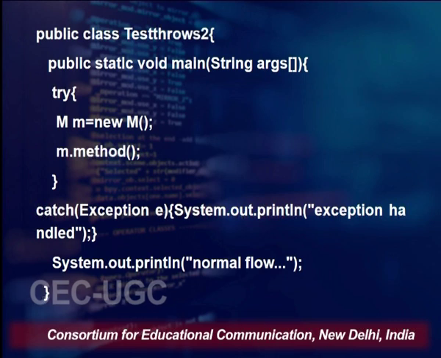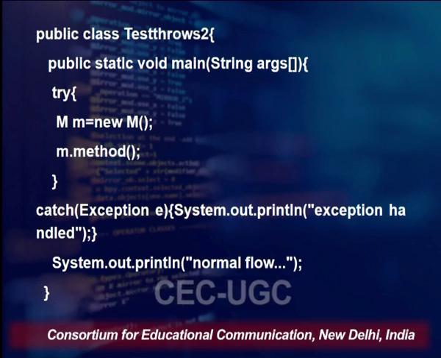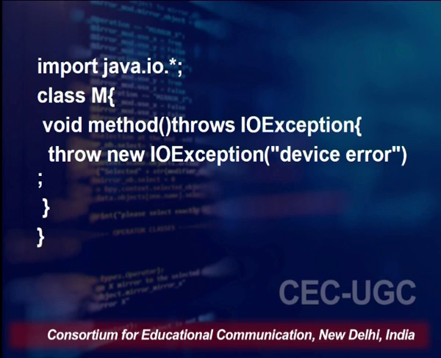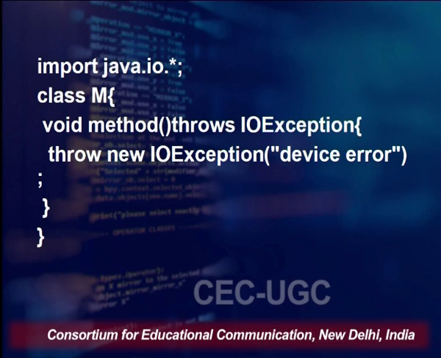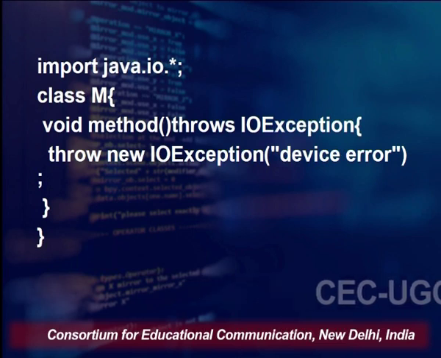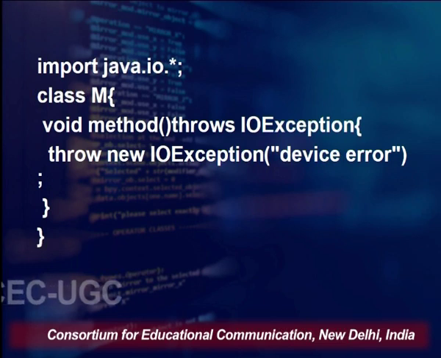There we have catch exception E, and within that we have printed "exception is handled", and then there is a normal flow. So in order to look into this program once again, we have a class M in which there is a method M which is declaring an exception, that means throws IO exception, and within that method we have written throw new IO exception device error.